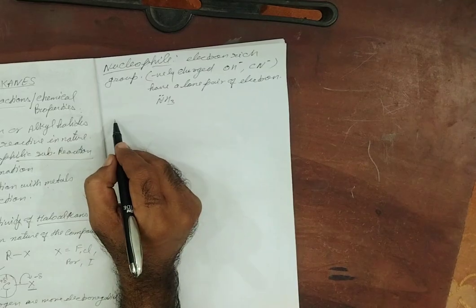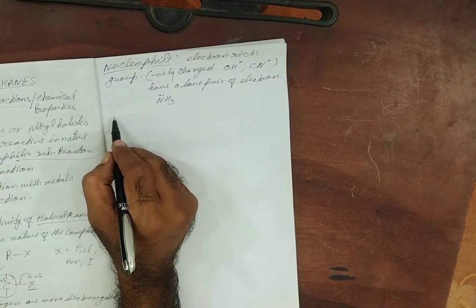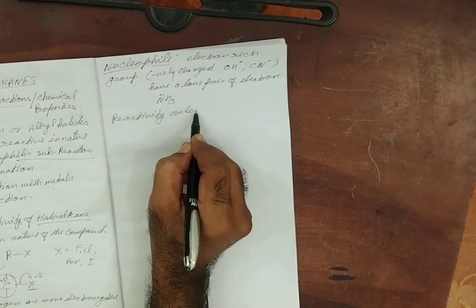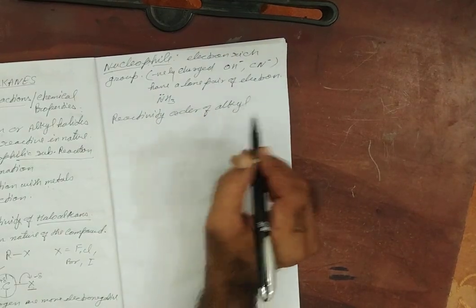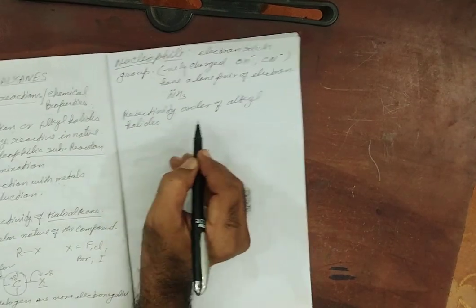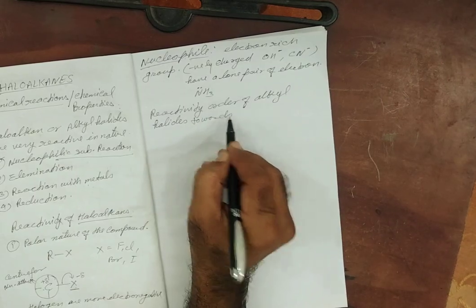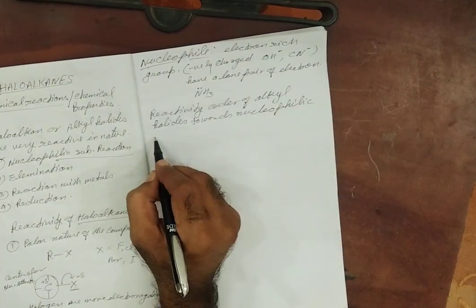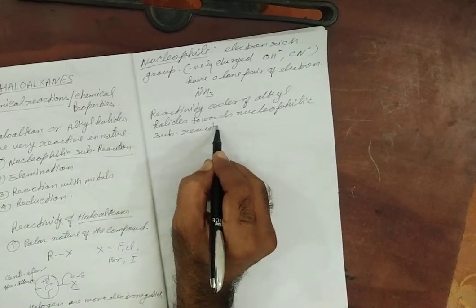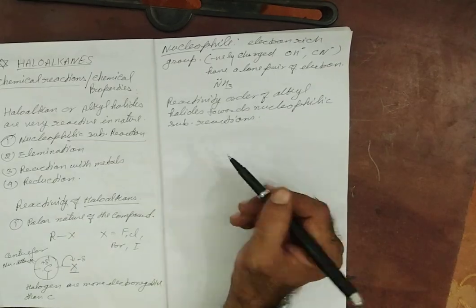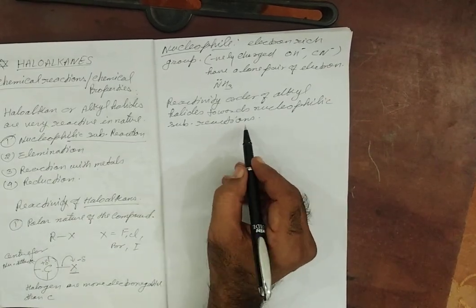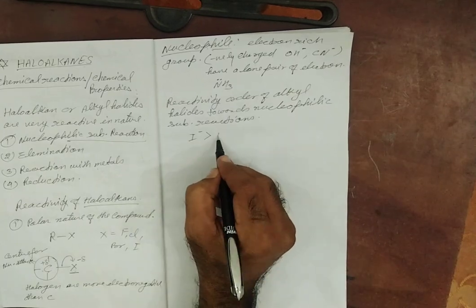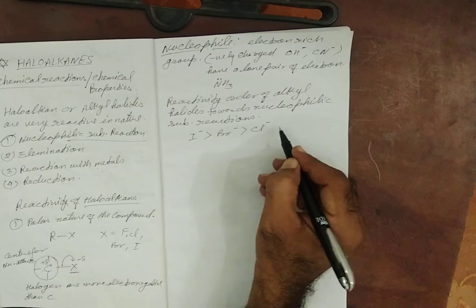Now, in case of halogens, if we consider the reactivity order of alkyl halides towards nucleophilic substitution reaction, since halogens are very good leaving groups and among them iodide is the best leaving group, then Br, then Cl.